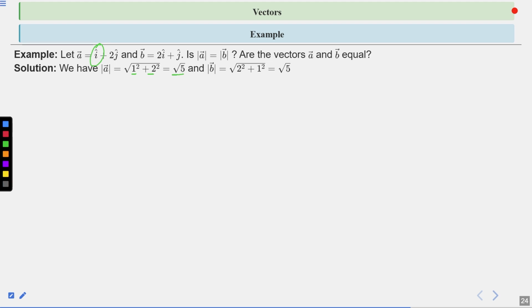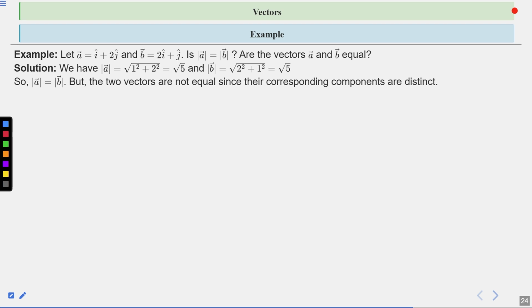Similarly, magnitude of b vector is under root 2 square plus 1 square, equal to root 5. It means the magnitudes of both vectors a and b are the same. So magnitude of a vector and magnitude of b vector are equal, but the two vectors are not equal since their corresponding components are distinct.